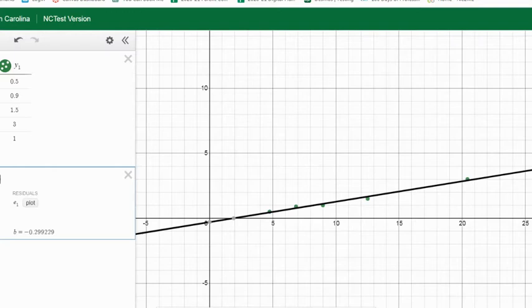We're going to talk about what this means in just a second, but we want our parameters. So our equation is going to be y equals 0.157. We'll do 3 decimal places here. And then that's my slope, so that's going to be multiplied by x, and then minus 0.299.